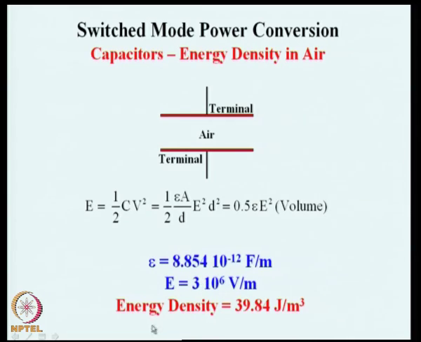So it is possible to see that in air one can store energy with a specific energy density of about 40 joules per meter cube.